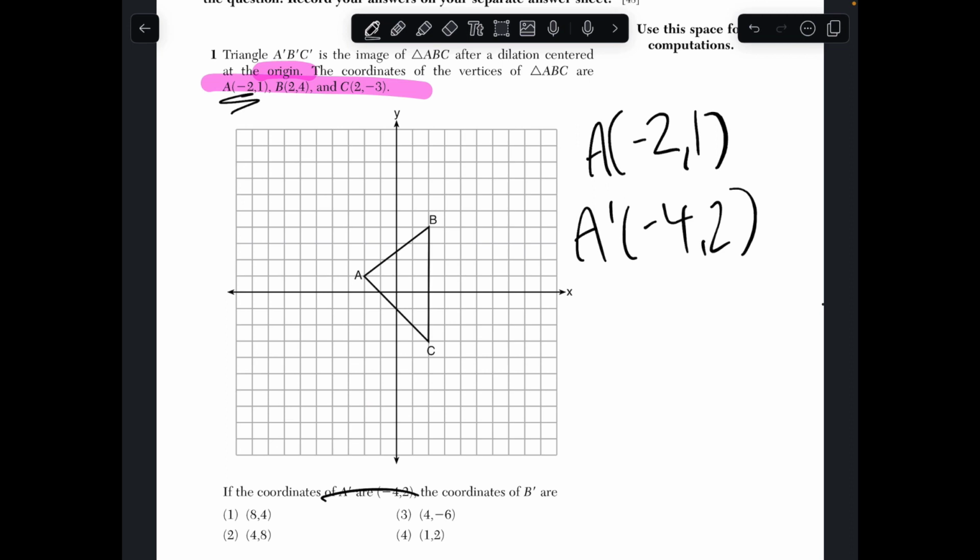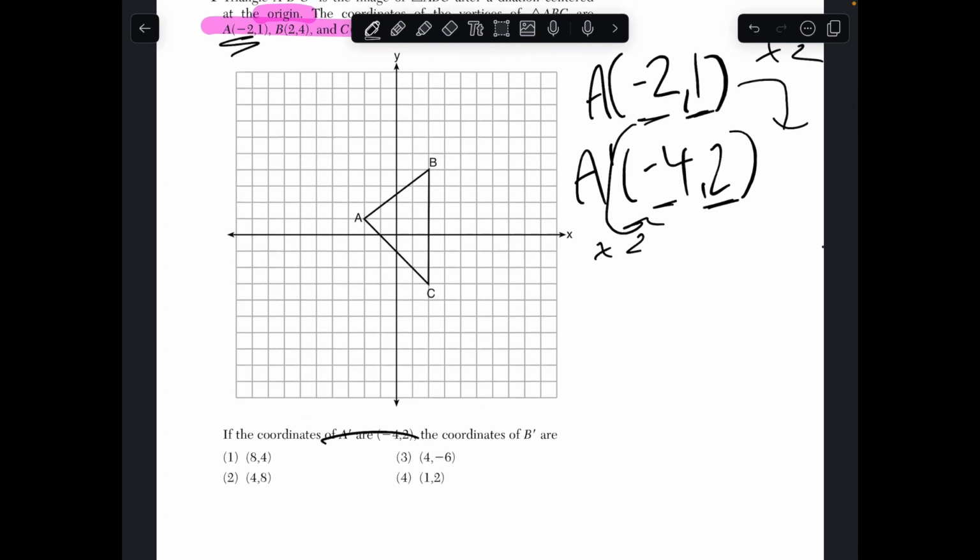Since this is centered at the origin, you really have to find what gets this value to equal this value, and vice versa on the x-coordinate. Now, 1 times 2 would equal 2, and -2 times 2 would equal -4. Once you establish the rule, that is what you will be doing for the next thing.